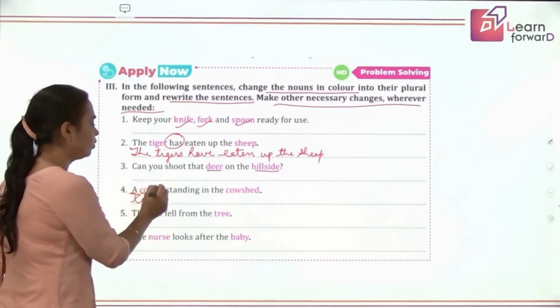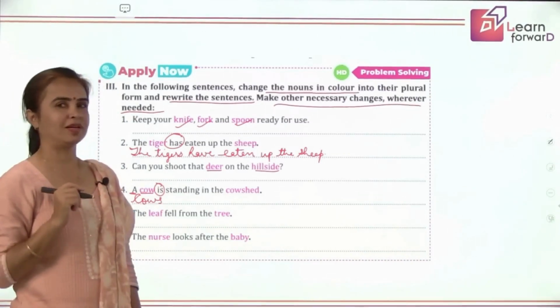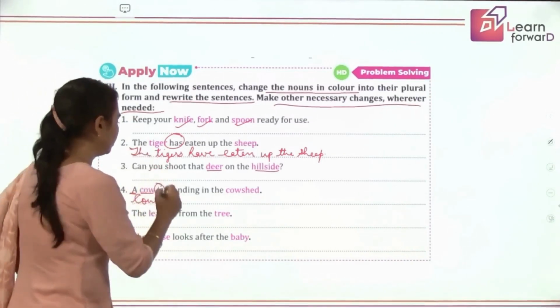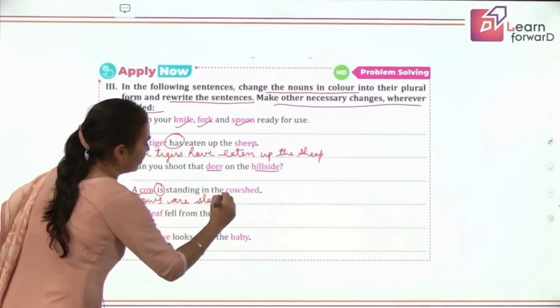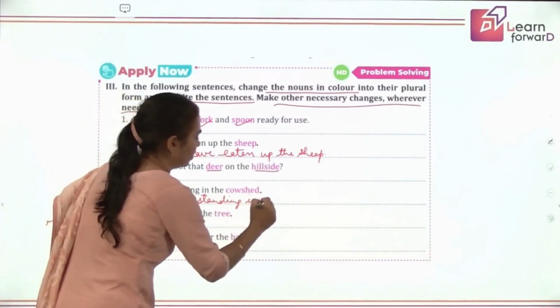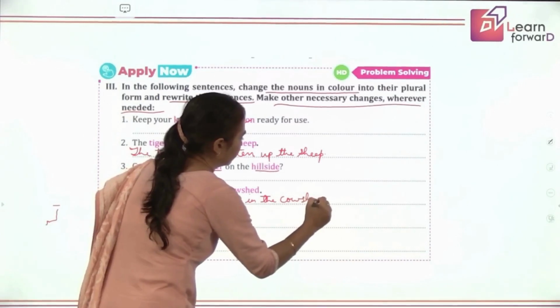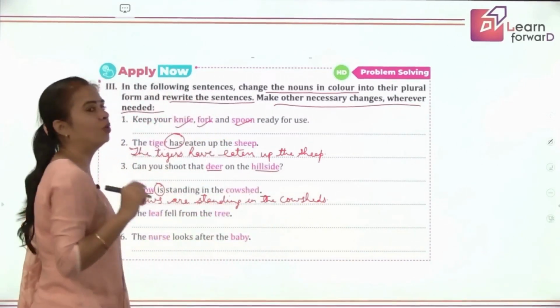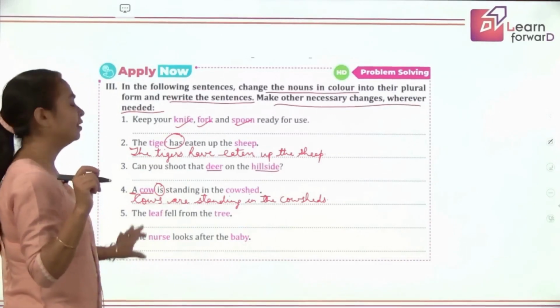Now with singular, I'm using is. What will you use with plural? Good. So it will be cows are, and the rest will go accordingly. Cows are standing in the cow sheds. Hope you have understood what is the meaning of other necessary changes.